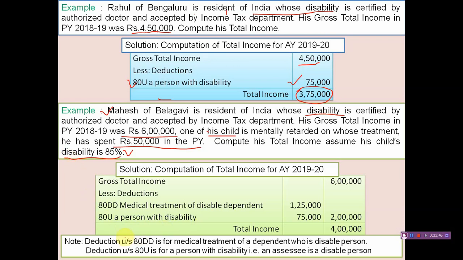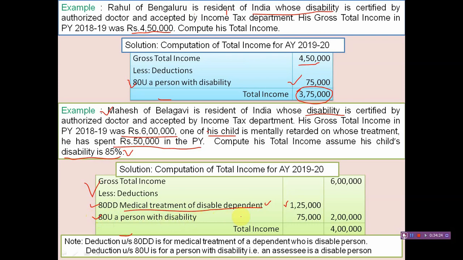Here is the solution. Gross total income 6 lakh less deductions under section 80DD. It is for the medical treatment of a disabled dependent, his child. So his child's disability is more than 80%, so the deduction amount is 1,25,000, and he is allowed deduction under section 80U as Mahesh himself is a disabled person, right?